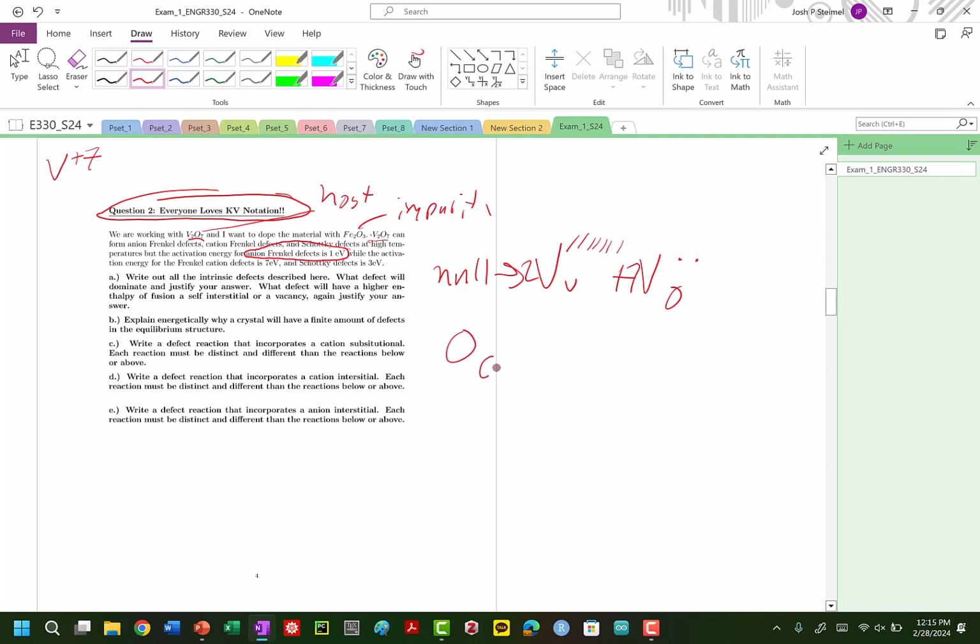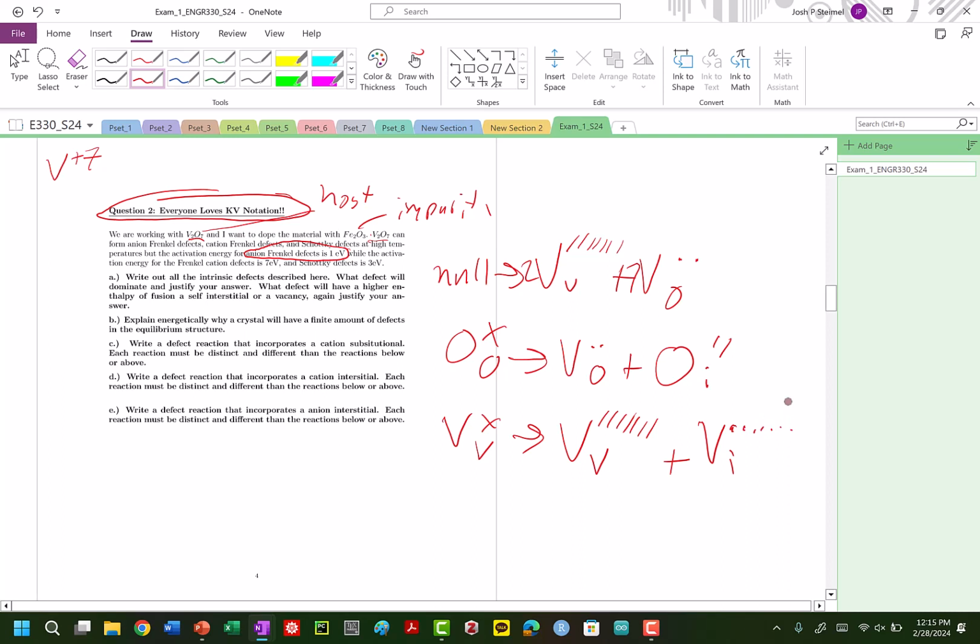If I'm looking at oxygen, my anion Frenkel defect, I'm going to do a vacancy in oxygen plus an oxygen interstitial. If I want to do my vanadium, vacancy in vanadium, which can be 1, 2, 3, 4, 5, 6, 7, plus my vanadium interstitial, which is going to be 1, 2, 3, 4, 5, 6, 7. There we go.